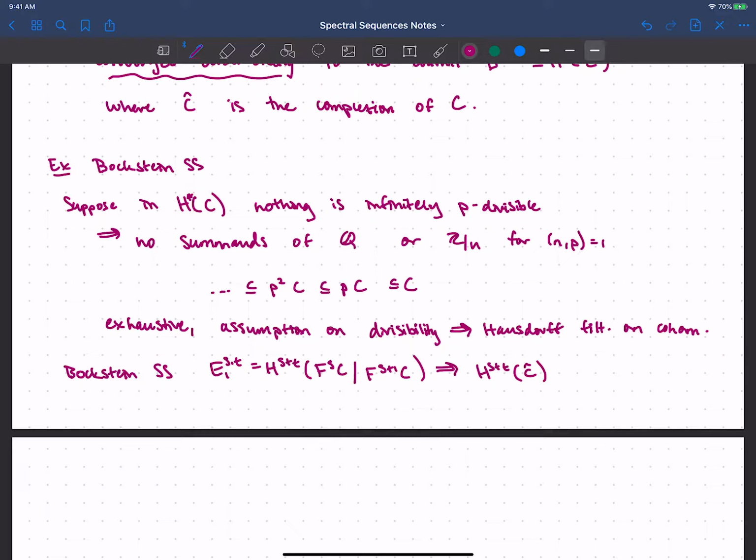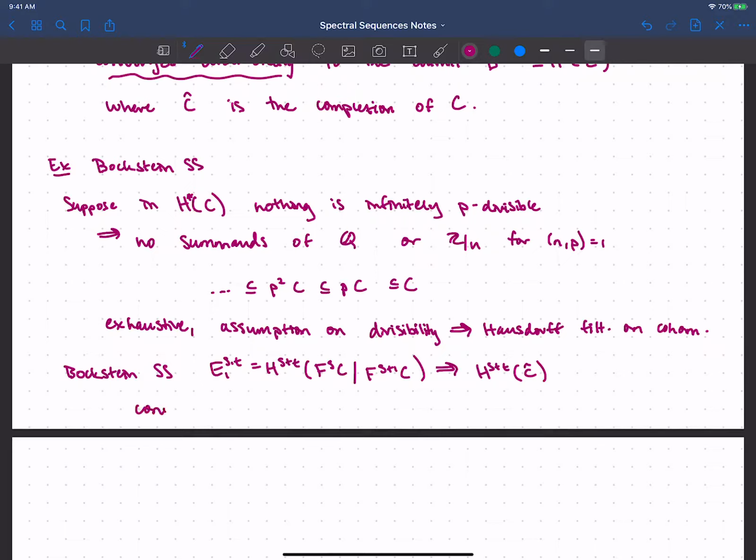So let's do that. Okay, but this converges conditionally. Okay, well, in fact, we'll get a little bit better. We'll get that it converges strongly.